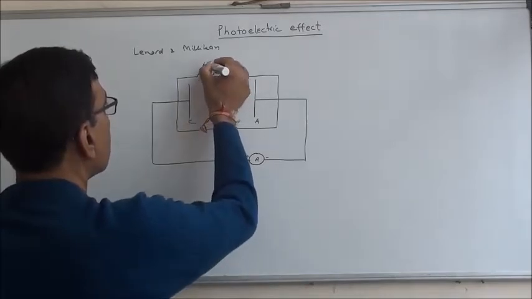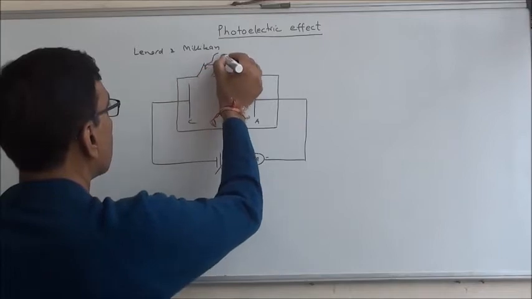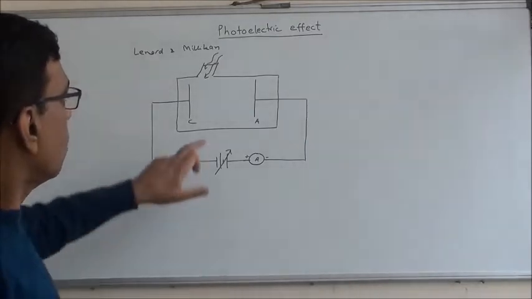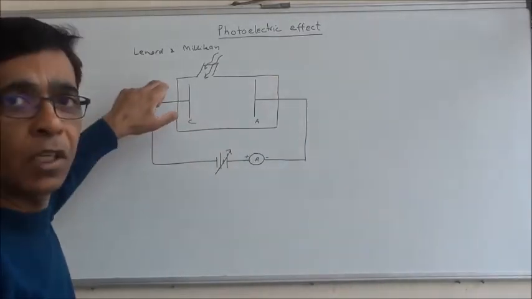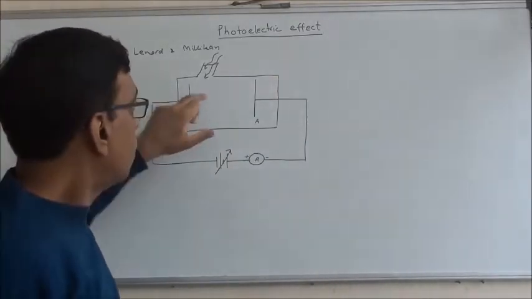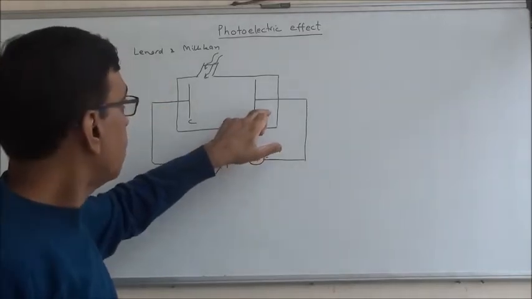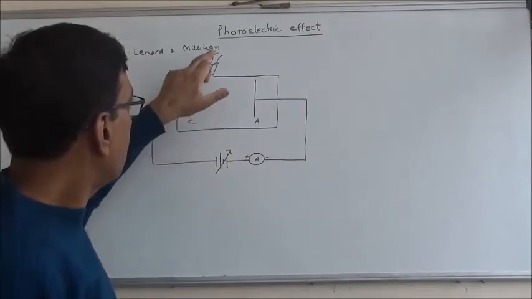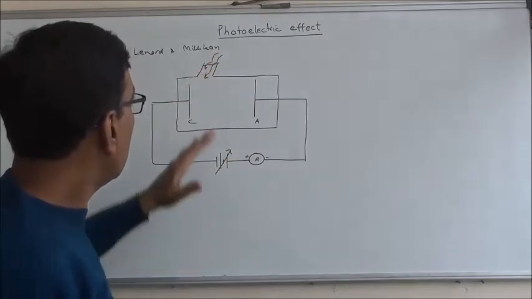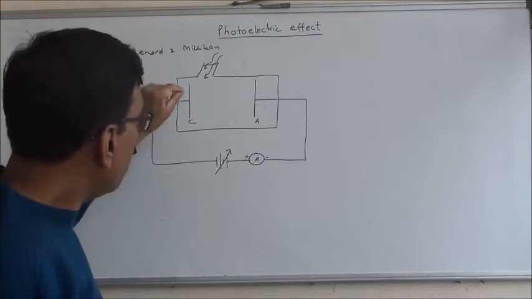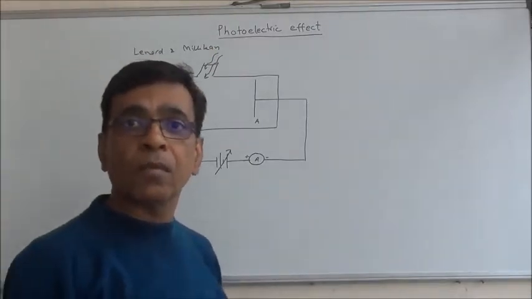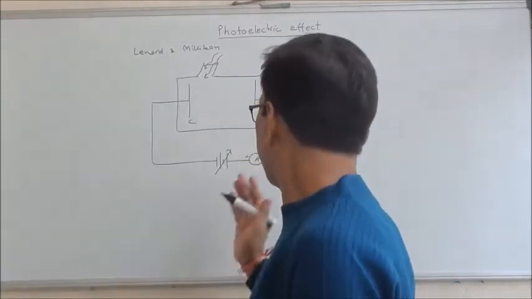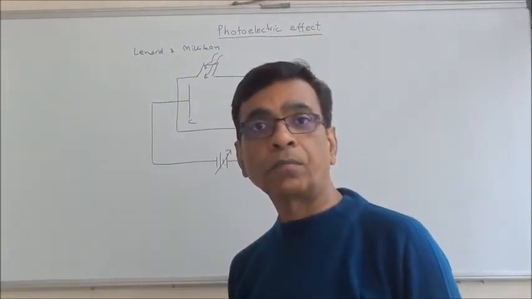This plate was shined with radiation. So this is an evacuated chamber, vacuum inside, two plates. This one was irradiated using radiations, and when the radiations falling onto it have a frequency more than a particular frequency, then we get deflection in the ammeter.